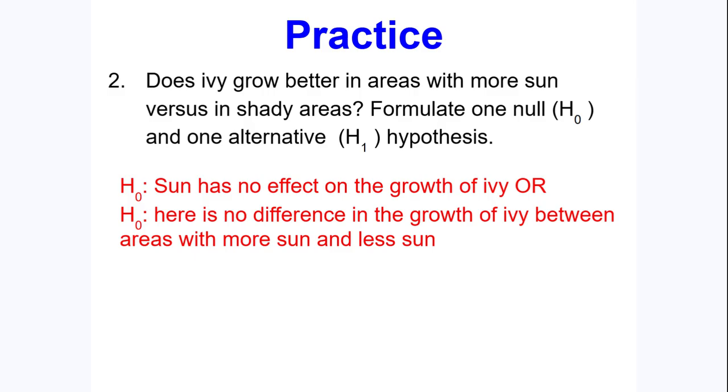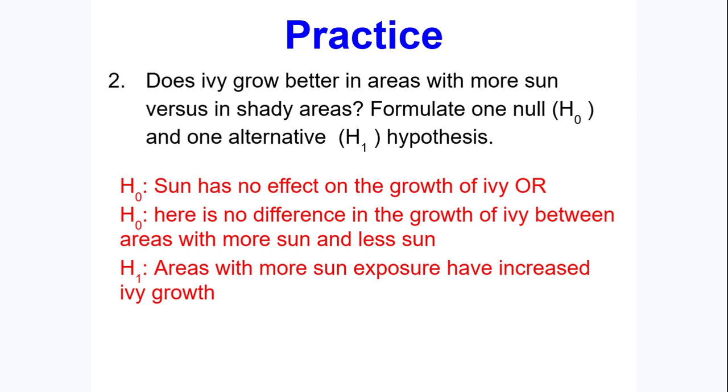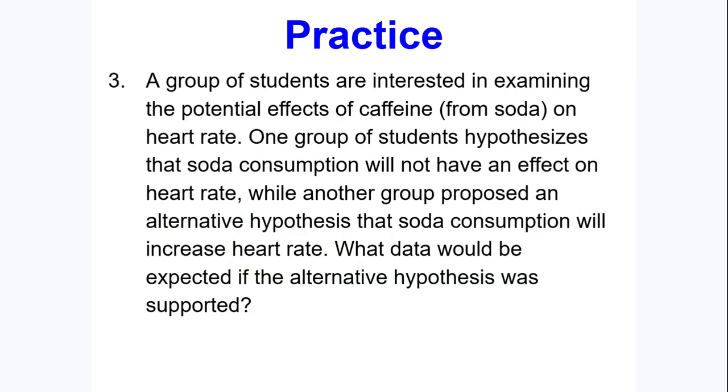When you get to the AP exam, and it asks you to state a null, the less wordy you are, the happier your graders are. An alternative, or an H1, could be areas with more sun exposure have increased ivy growth, right? Or we could have said areas with less sun exposure, or shady areas, have increased ivy growth.